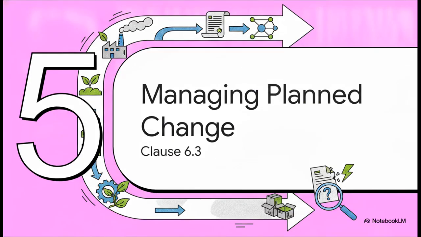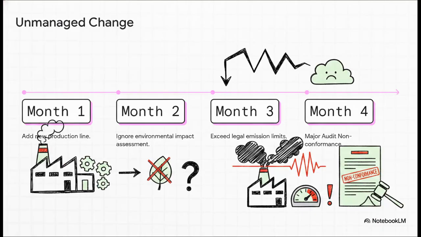Finally, let's look at Section 5, Managing Planned Organizational Change, Avoiding Unmanaged Risks, under Clause 6.3. Let's walk through a little cautionary tale. Imagine a factory expansion that goes horribly wrong simply because the environmental consequences were just an afterthought. In month 1, the company happily adds a brand new production line to increase capacity. High fives all around.